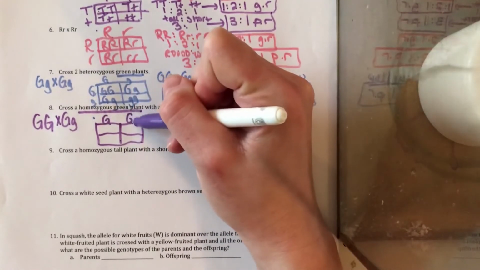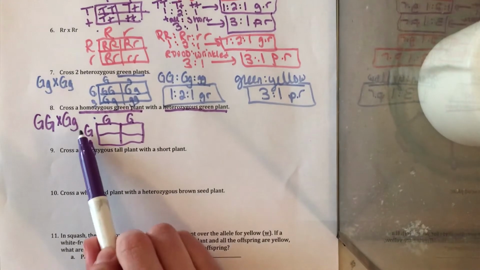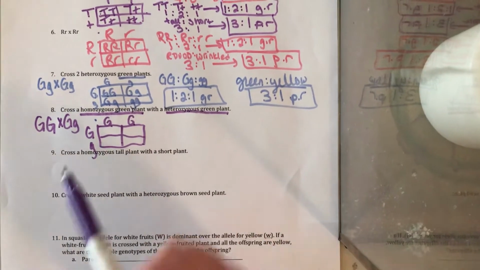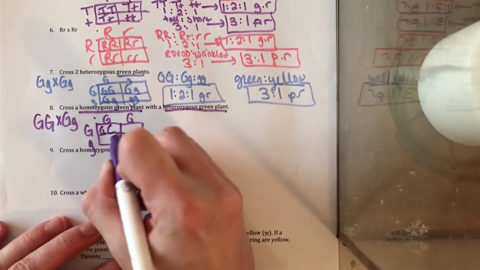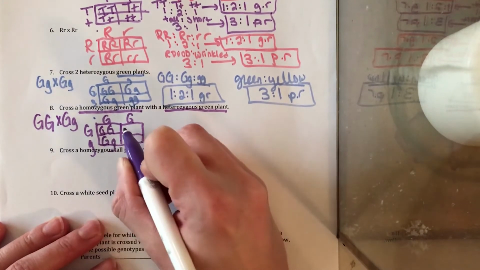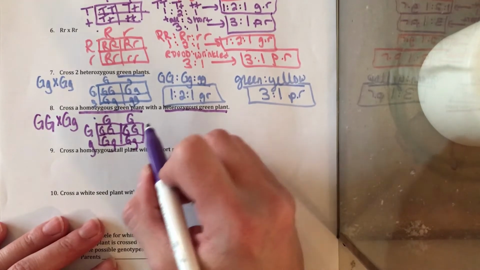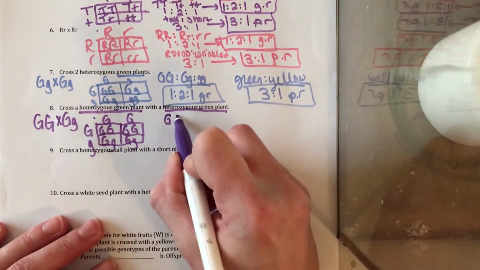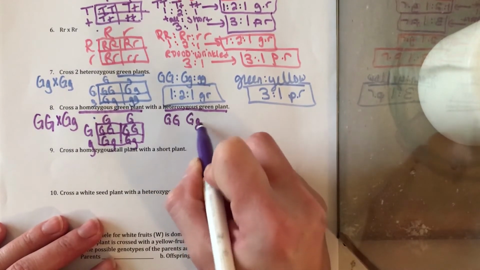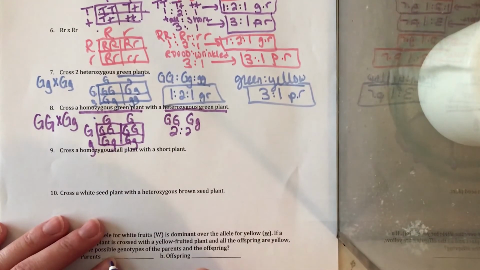So we set up this, capital G, lowercase g. If you set up the heterozygote across that side and capital G along that side, that's absolutely fine. And then fill this out as follows, capital G, the heterozygous there. And for the genotypic possibilities, we have capital G, lowercase g, and we have 2 of each.